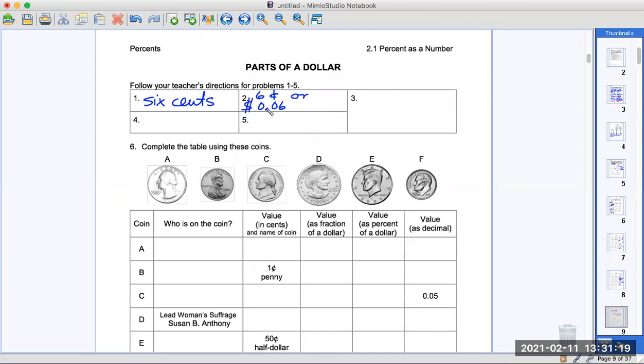Those are the 2 ways to write that. Or you can say 6 out of 100. Like if you have 0.35, it's 35% of a dollar.